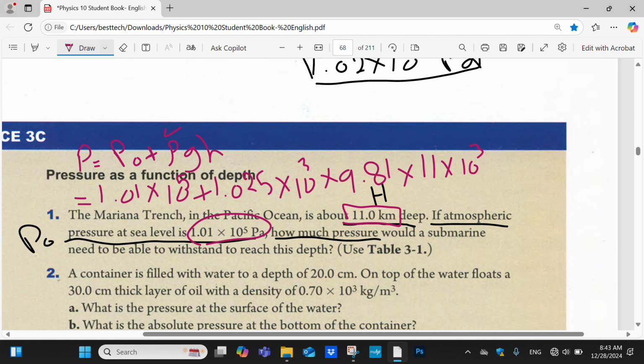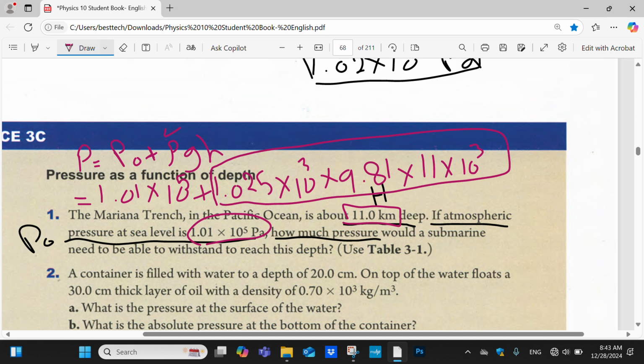So multiply all of this. Again, first do the right side, all this number, by calculator. Let me do it again. Multiply 1.025 times 10 power 3, times 9.81, times 11 times 10 power 3.